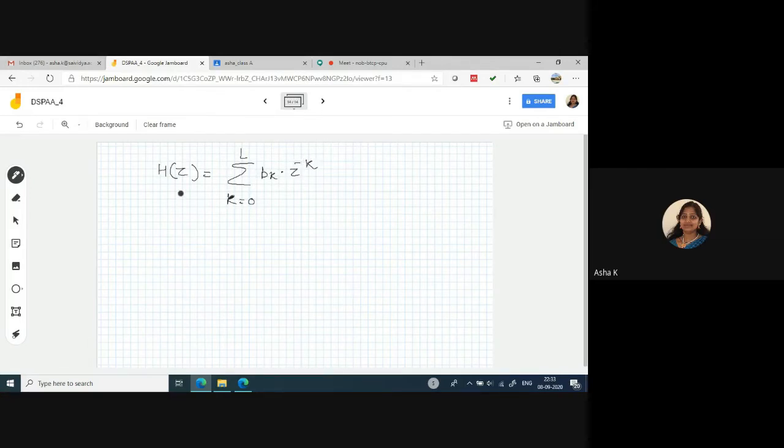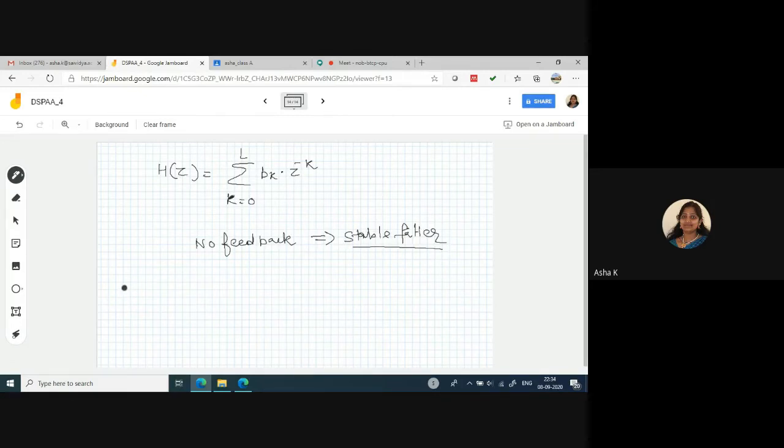Since FIR filters have no feedback from the output side, there is no feedback in its structure. It is always a stable filter.